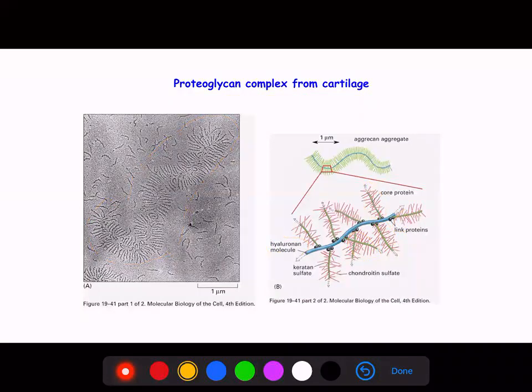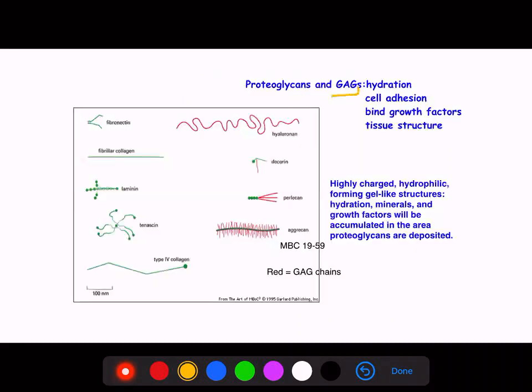So if you look at those proteoglycans, they have a feature: the glycosaminoglycans. We'll talk about what a glycosaminoglycan is. I'm sure you might wonder what this guy is talking about.